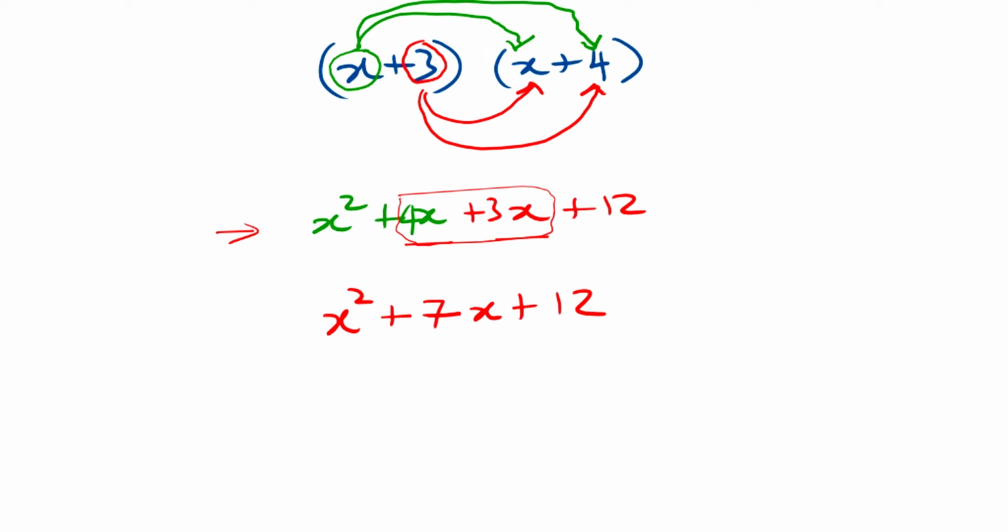Let's look at another example. (t + 5) expanding over (t - 2). Same thing. Each of the terms in the first bracket goes for each of the terms in the second bracket.